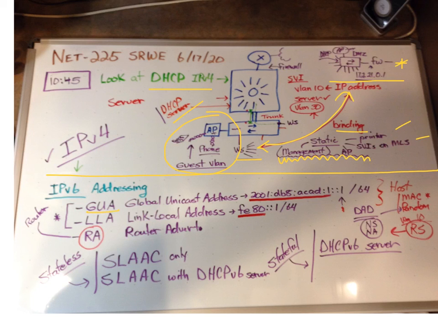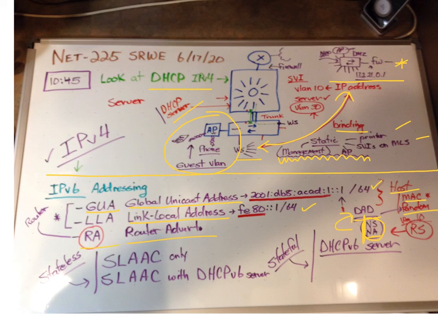Then we started talking about global unicast address and the link local address. I gave a couple examples here, talking about the host getting its address either from the MAC or a random number, and duplicate address detection, which sends a neighbor solicitation and a neighbor advertisement, communicating with the neighbors to see if we had a duplicate address.